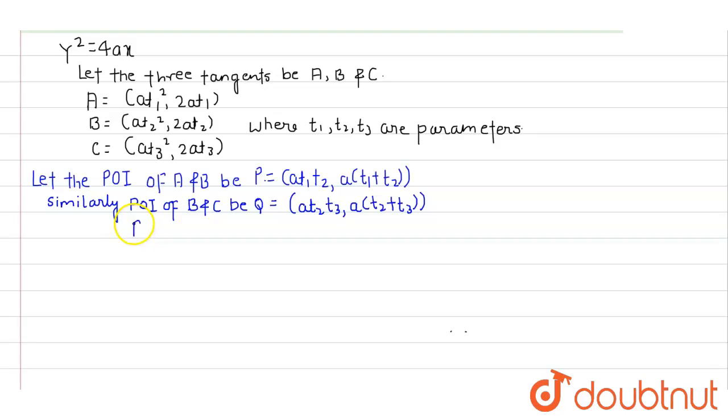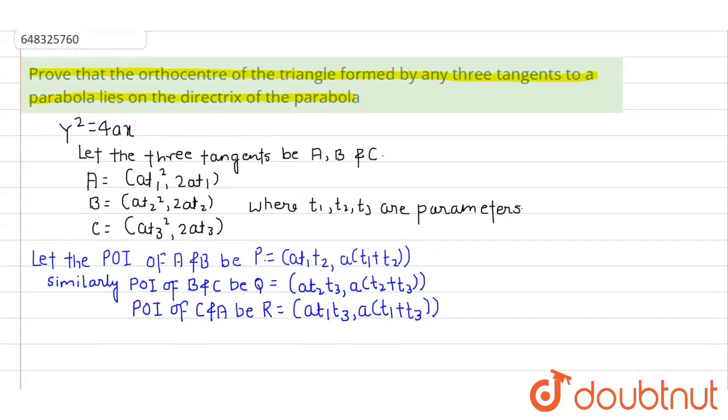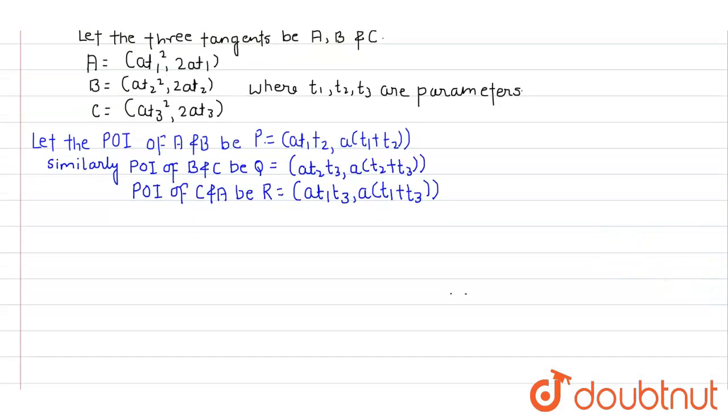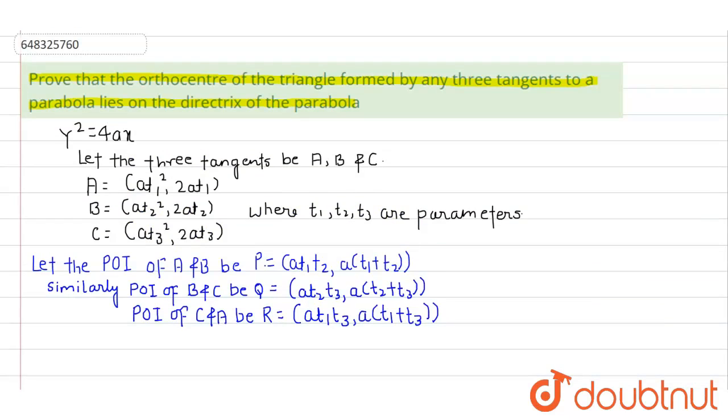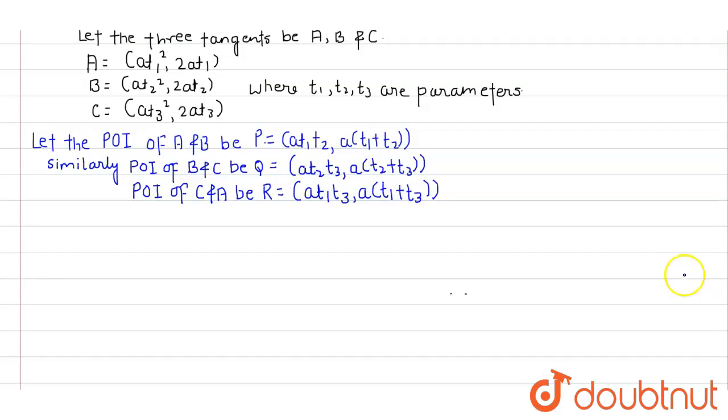And also the point of intersection of C and A, let it be R. It will be given by (a t1 t3, a(t1 + t3)). So these are our points of intersection of those three tangents. Now this PQR will form a triangle, and then we have to show that the orthocenter of that triangle lies on the directrix of the parabola.